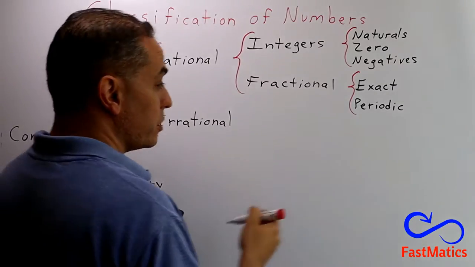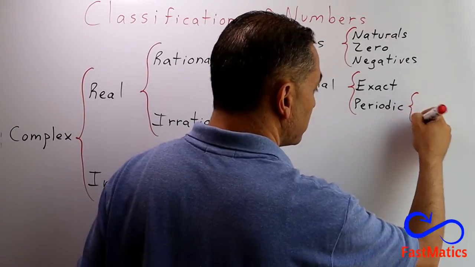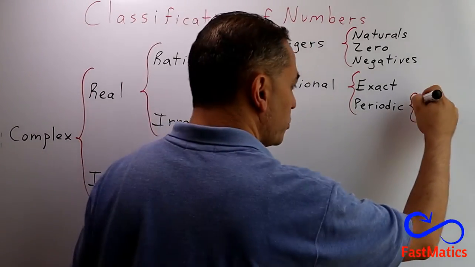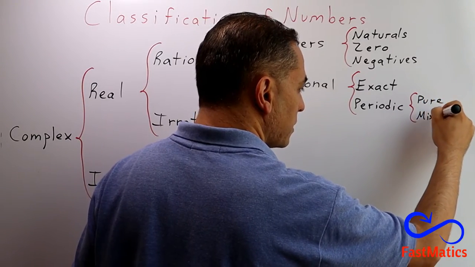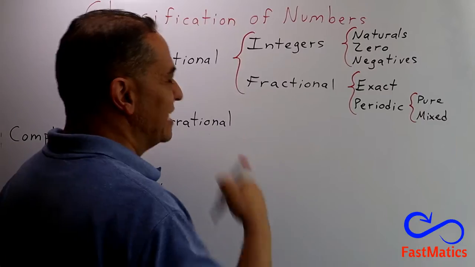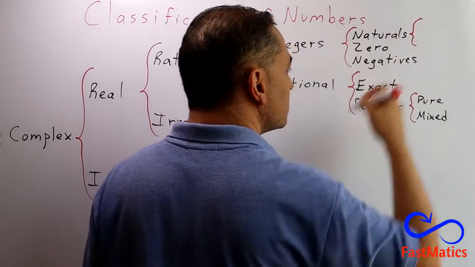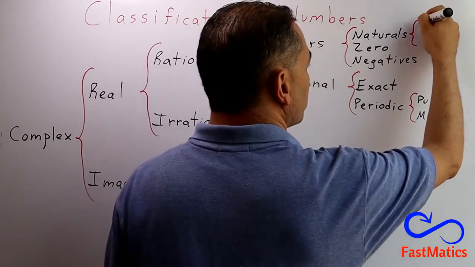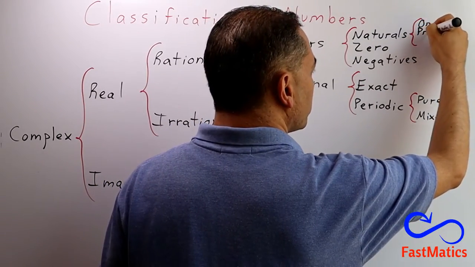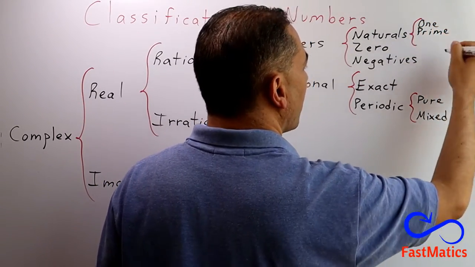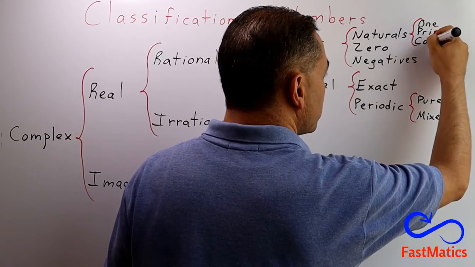But into the periodic number set we have the pure numbers and the mixed numbers. But into the naturals numbers we have the number 1, the prime numbers, and the composites.